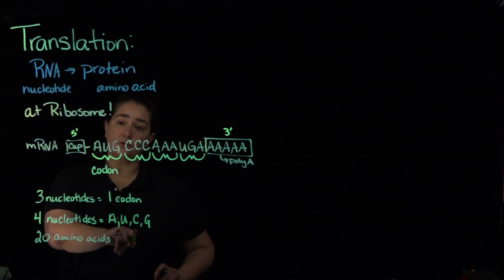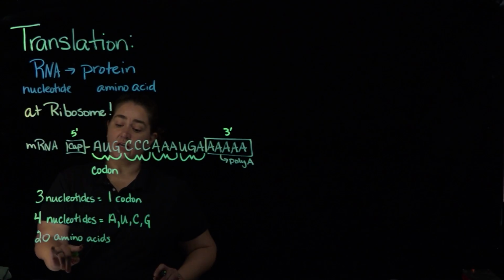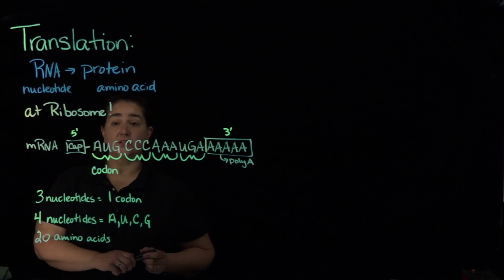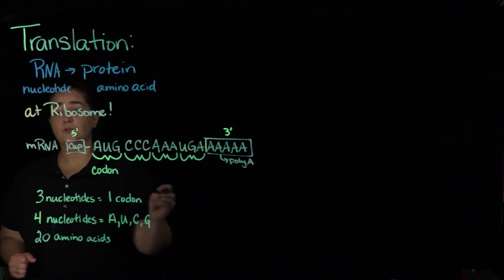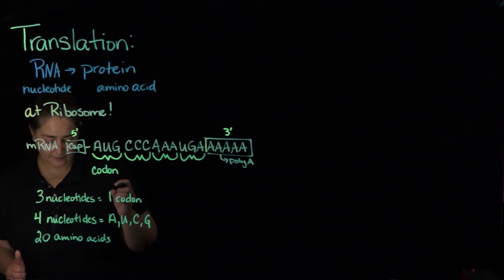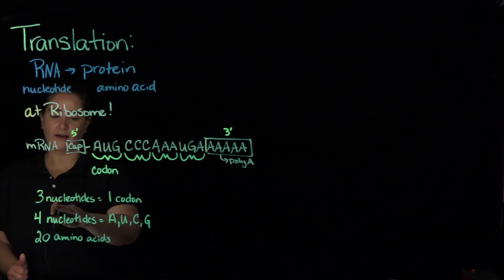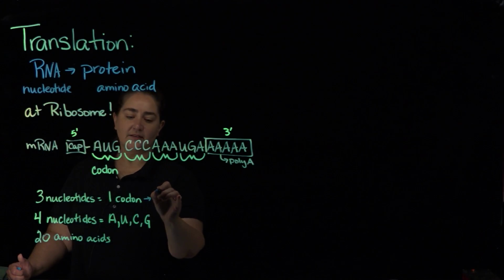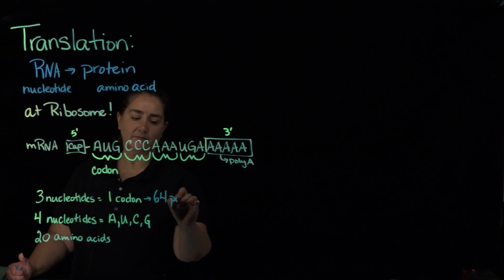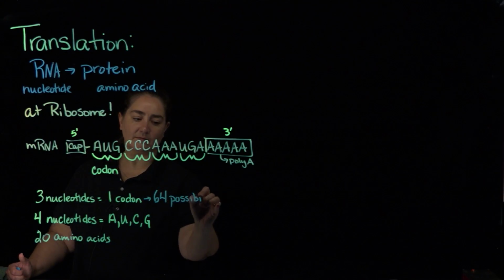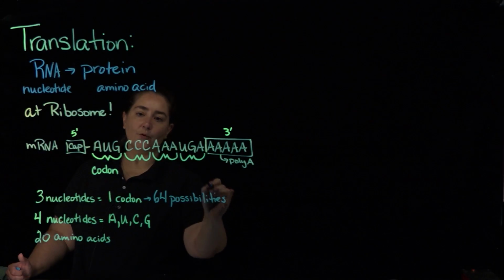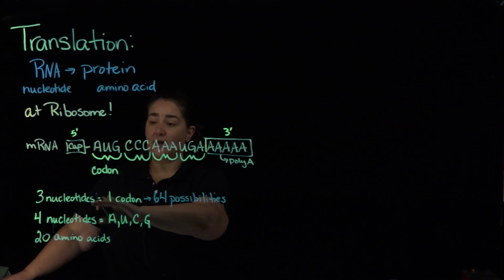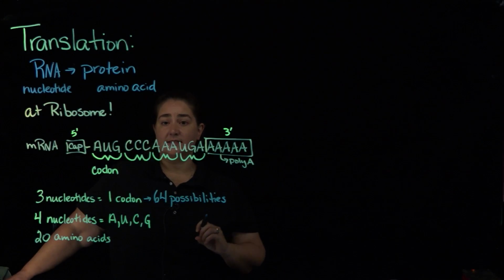So we have to put the nucleotides in some combination in order to generate enough combinations that we can insert each of the 20 different amino acids, okay? So because we have 3 nucleotides to make 1 codon, what that gives us are 64 possibilities.